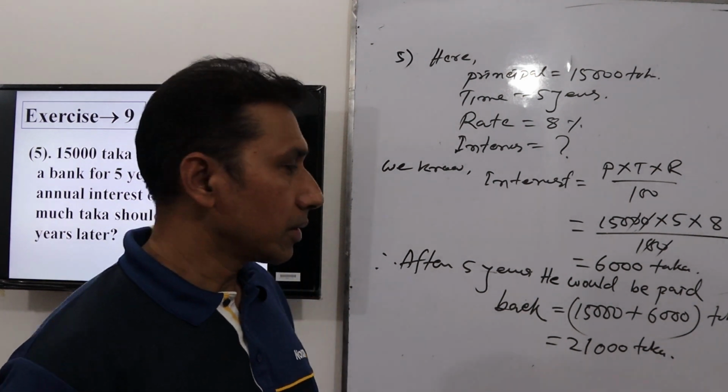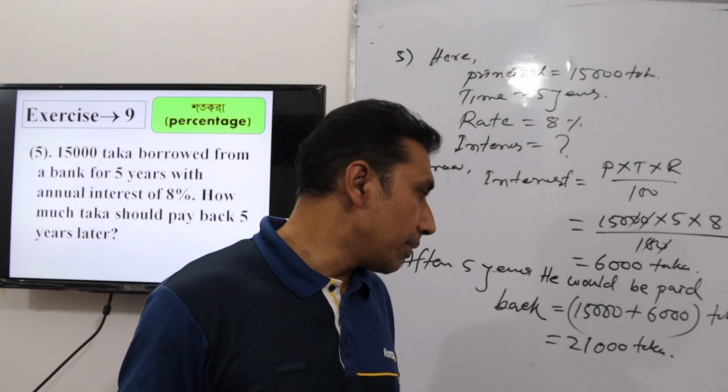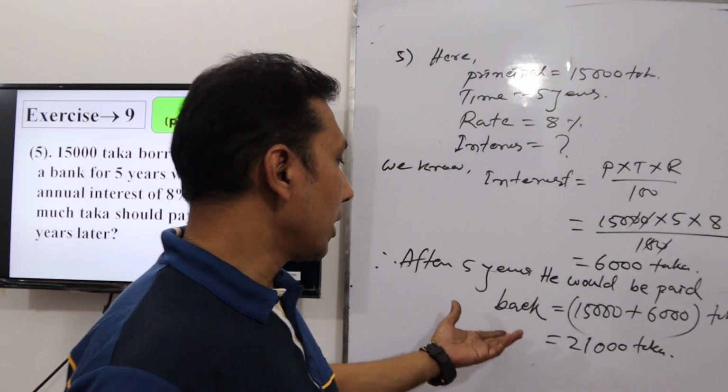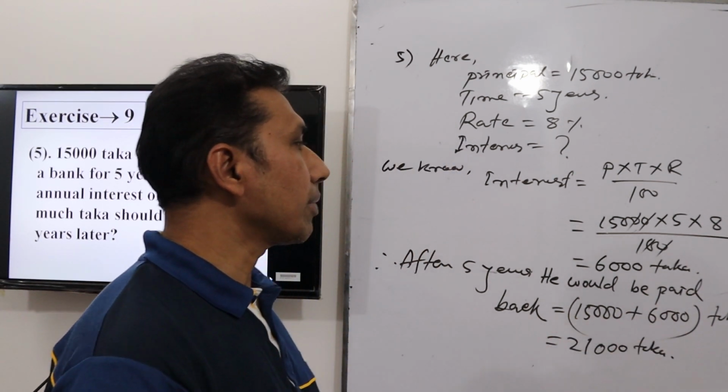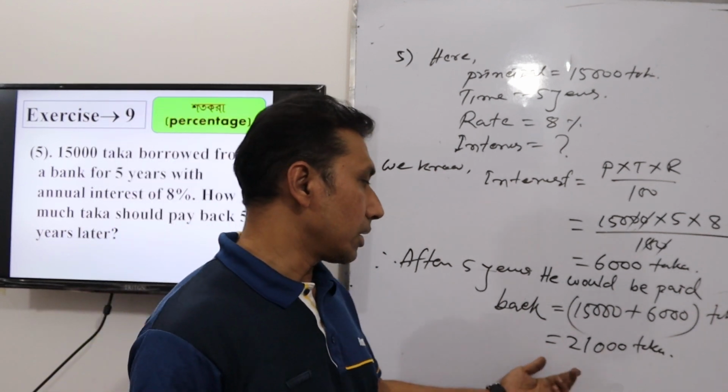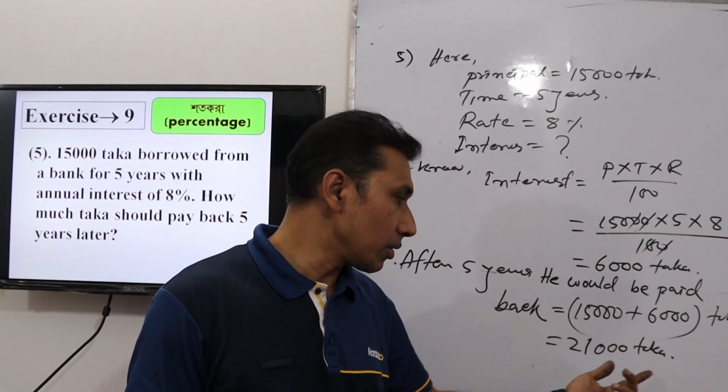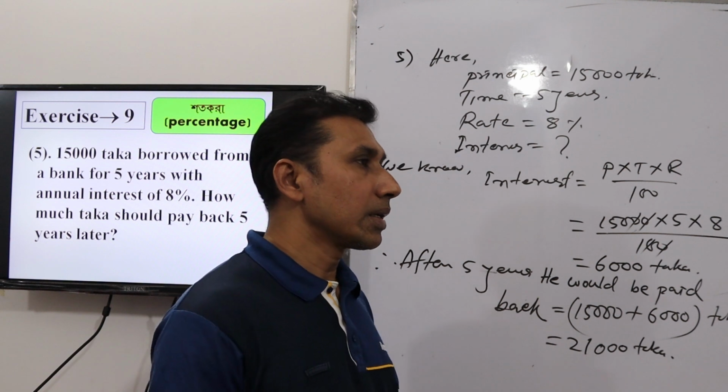So after 5 years he would pay back principal plus interest, that is 21,000 taka.